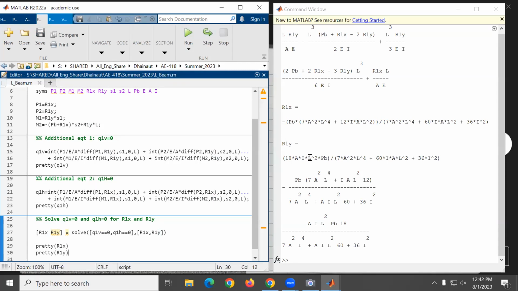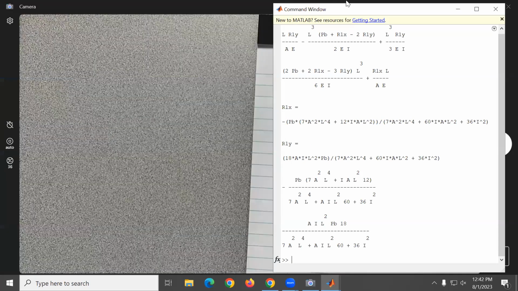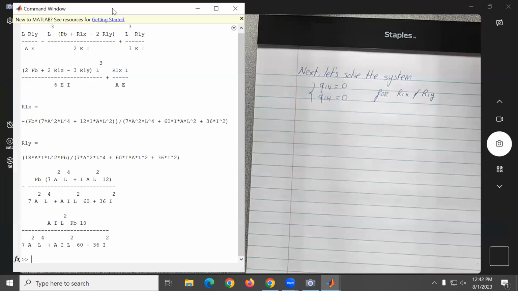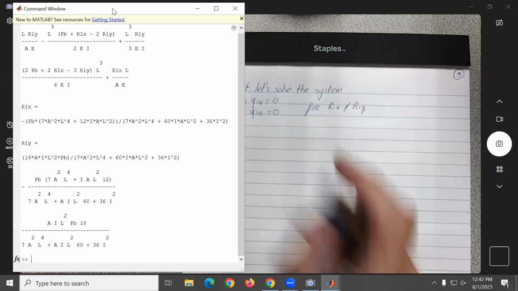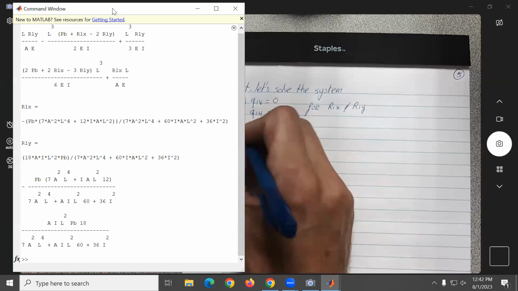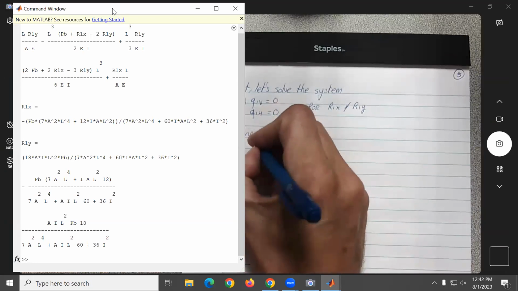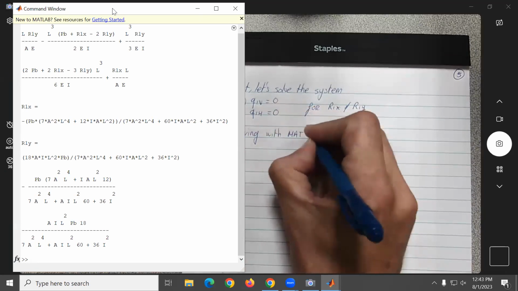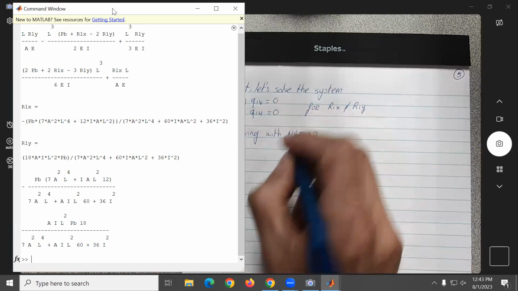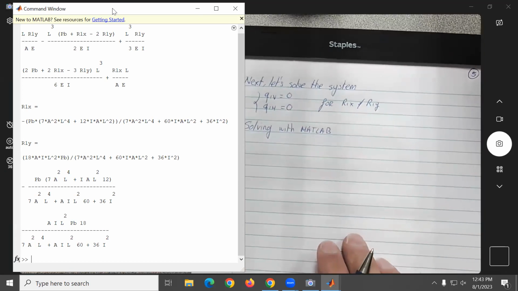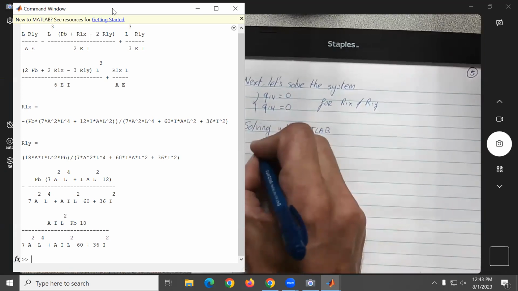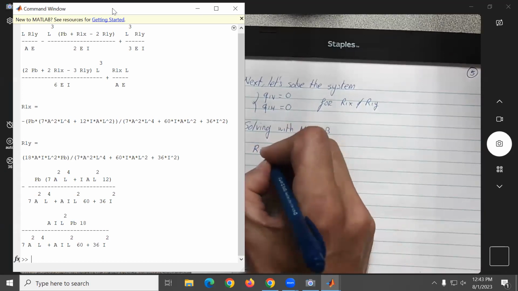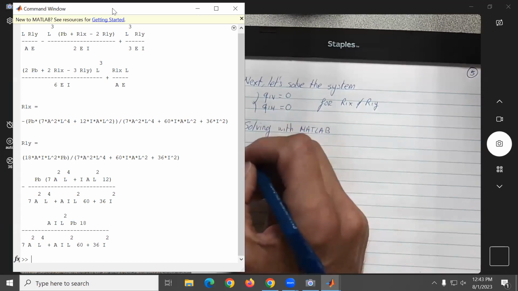So here what we can do now is, I'm going to put here solving with MATLAB. We got that R1X is equal to, which one was first?